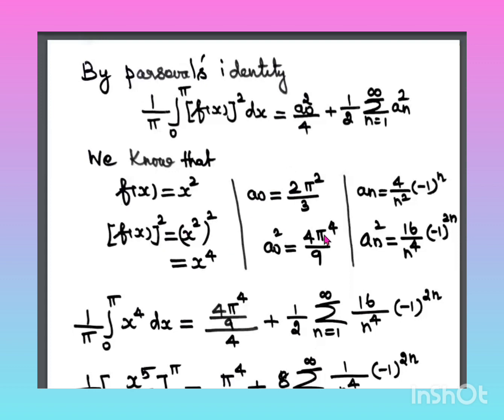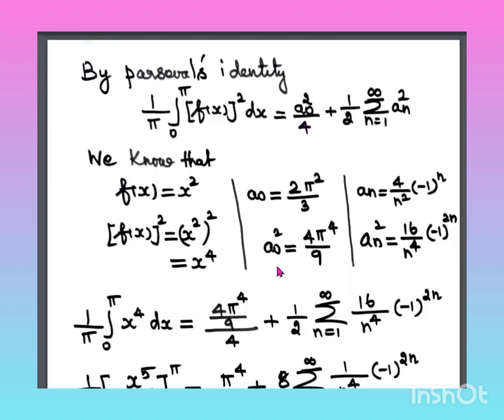We are separately going to solve the values. So f of x is equal to x square. f of x whole square is equal to x square whole square, which is equal to x power 4. a naught, already we have got the result, is 2 pi square by 3.